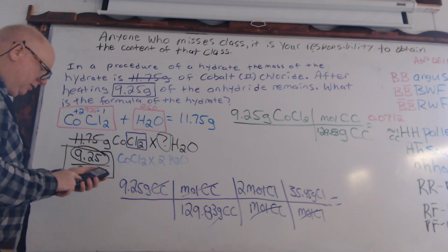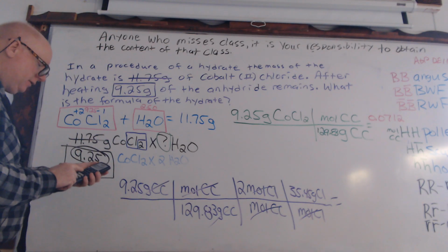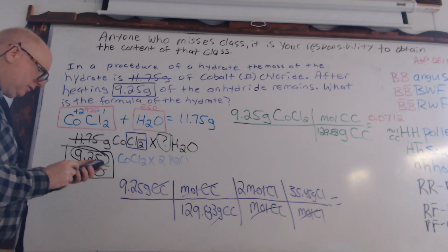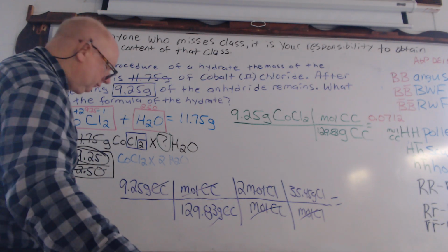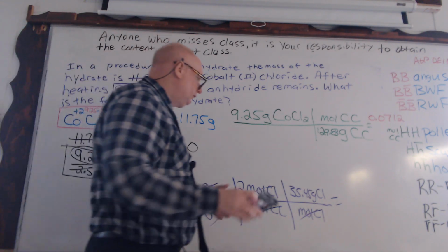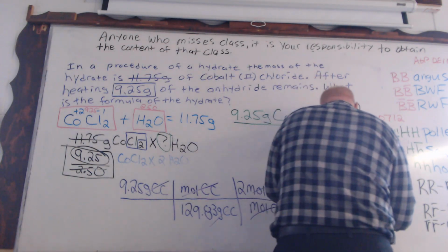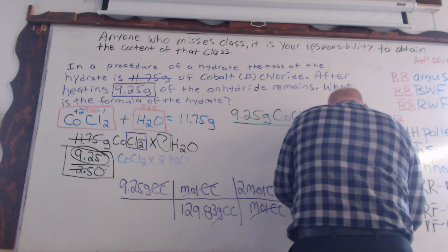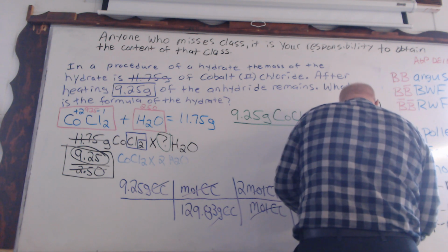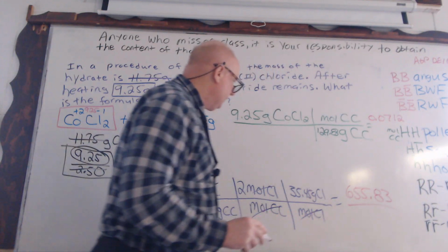Okay, 9.25 times 2 times 35.45 gives 655.83, which again, we're not done yet.